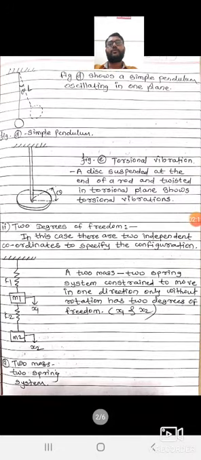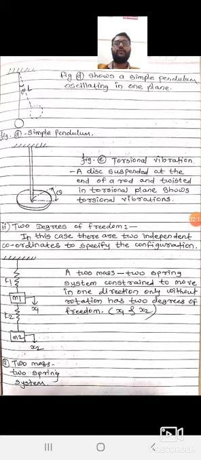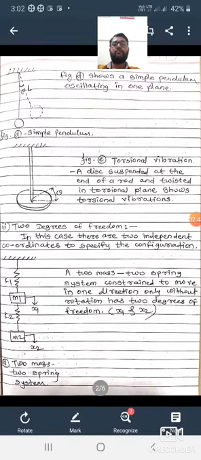Next example is a simple pendulum oscillating in one plane. Figure D shows the simple pendulum. The next figure shows torsional vibrations, where a disc is attached and suspended at the end of a rod and twisted in the torsional plane.